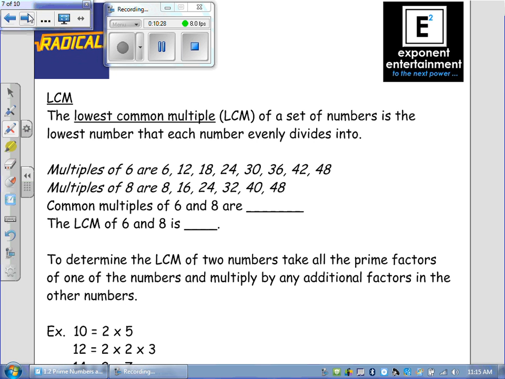If I gave you the numbers 6 and 8 and asked you for the lowest common multiple, you need to get larger. The lowest common factor is what goes into the numbers I gave you. When you're doing common multiples, you have to write out the multiples of the numbers. So you go up.